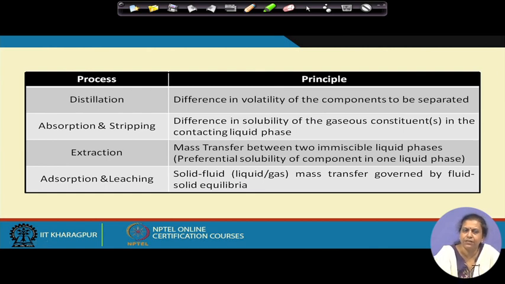There is a gas phase, we bring it in contact with a liquid, and the liquid absorbs the gas from a mixture of gases or from a pure component gas. A most common example is the absorption of carbon dioxide or sulfur dioxide using caustic soda or caustic potash solutions. Now, in this case also we cannot have complete absorption.